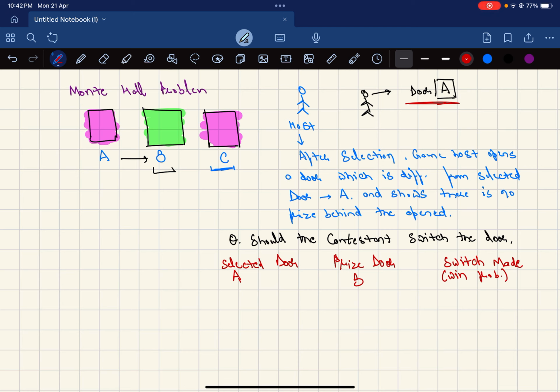The win probability would be 1, because the game host would have opened the door C and we would have won by switching to door B.